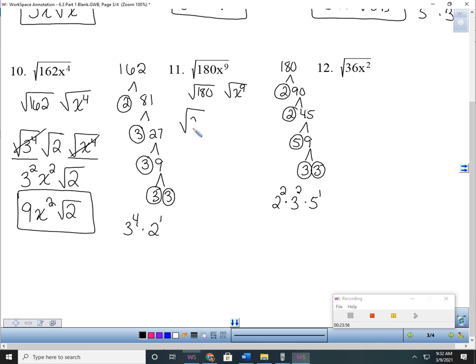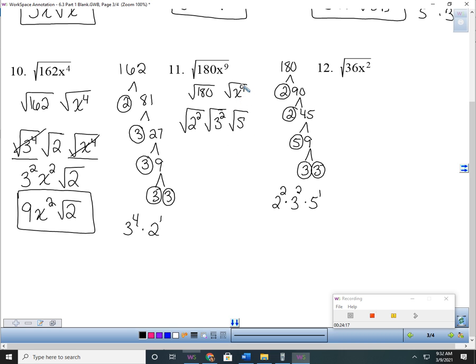So I don't need to do any splitting with my 2. Is 3 squared a perfect square? Yes. So I don't need to do any splitting with my 3s. Is 5 to the first a perfect square? No. And that number is smaller than 2, right? So I know that that's going to be one of my numbers left underneath my root.